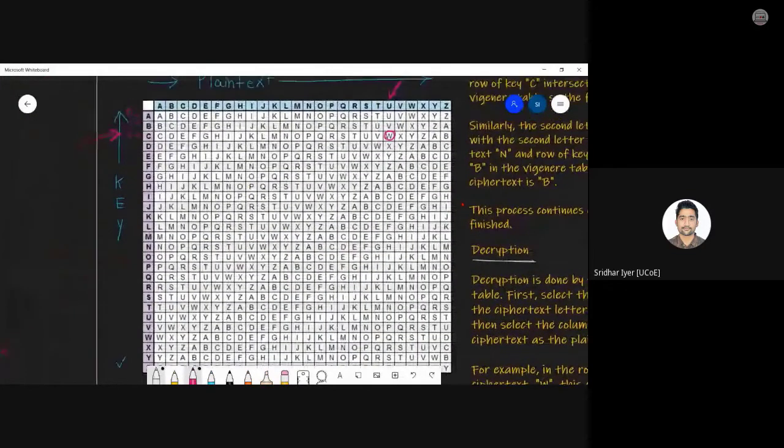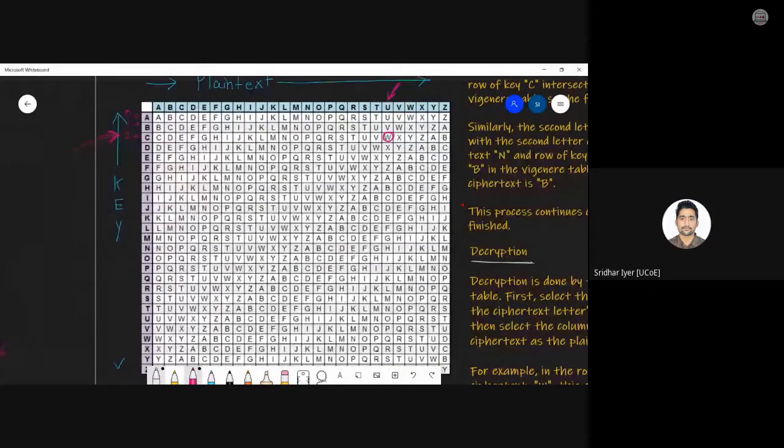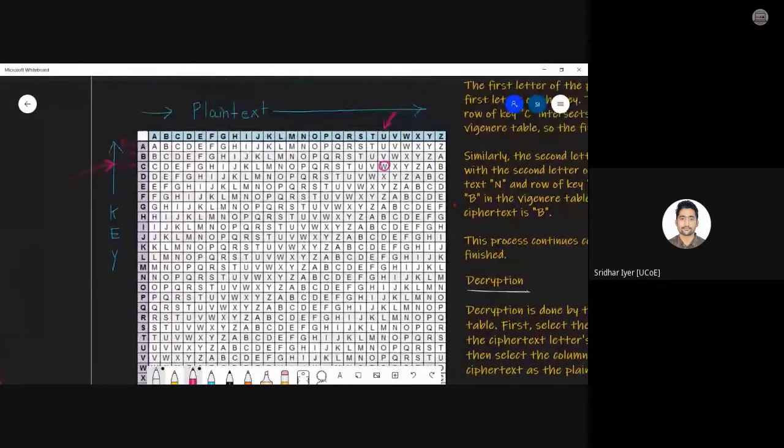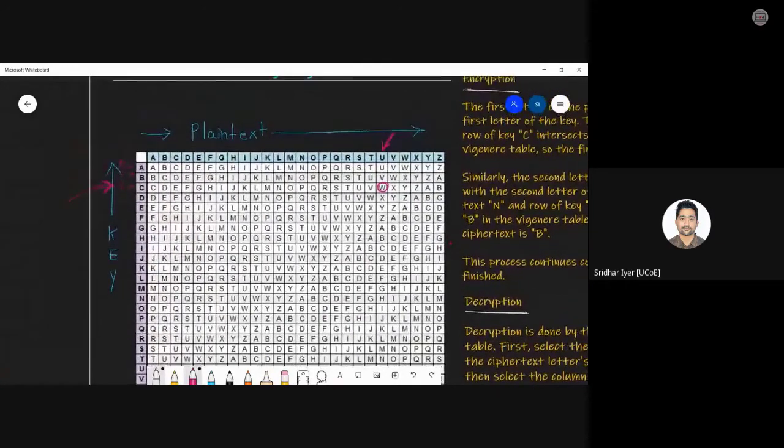So whatever is the plain text, the very first character of that plain text, you have to check it along the columns. I'm writing it over here. The plain text was universal, right? So it was something like this. And the key was college, COLLEGE. So we have to compare each and every character. So U and C will be compared.